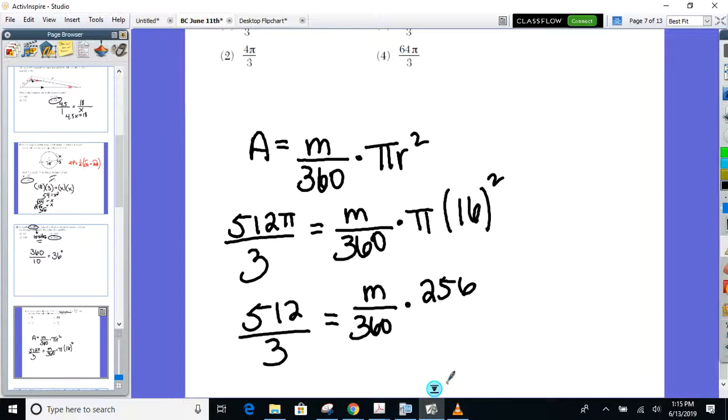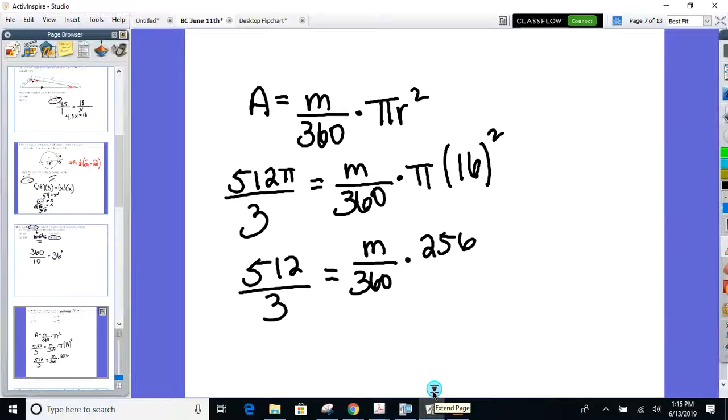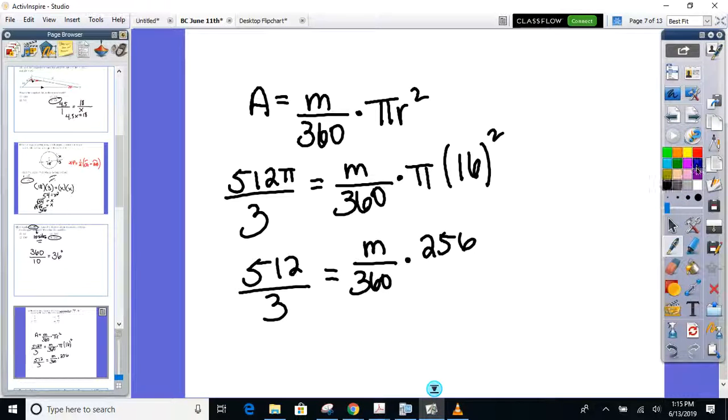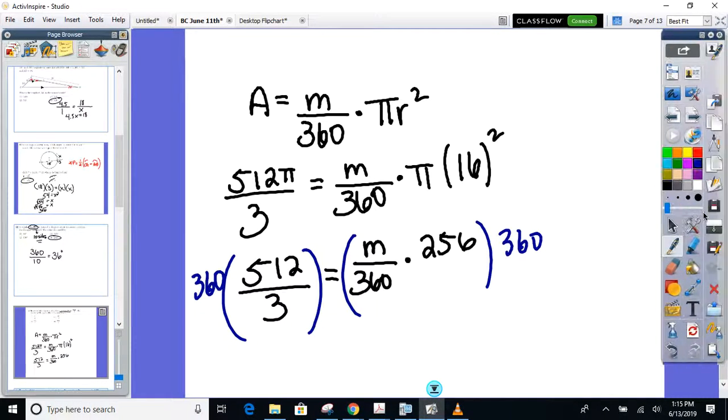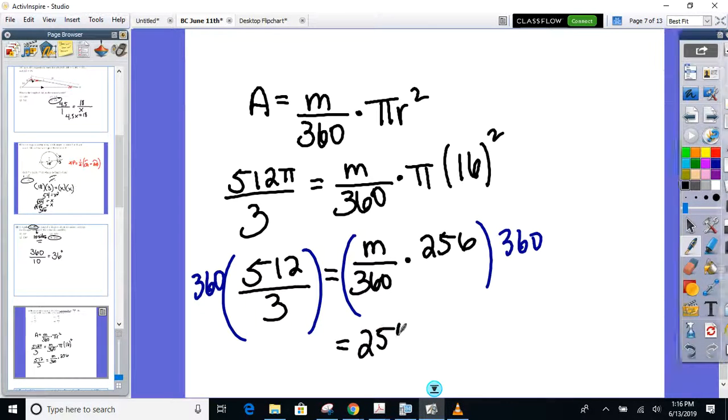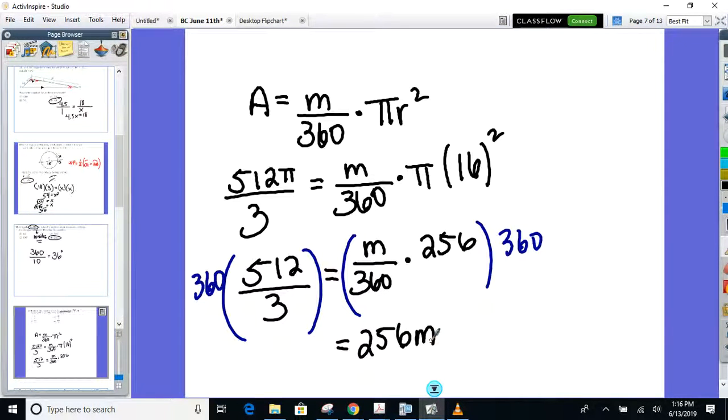Anyway. How am I going to get m by itself? One algebraic move now. Okay, times both sides by 360. You got it. 256m.